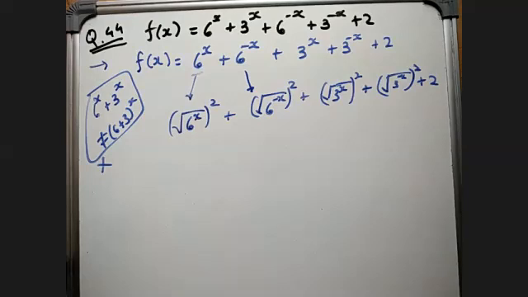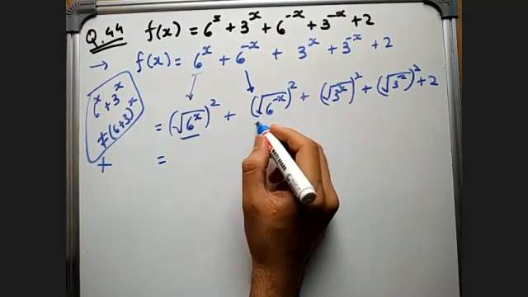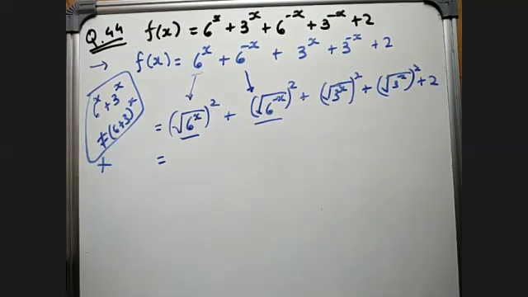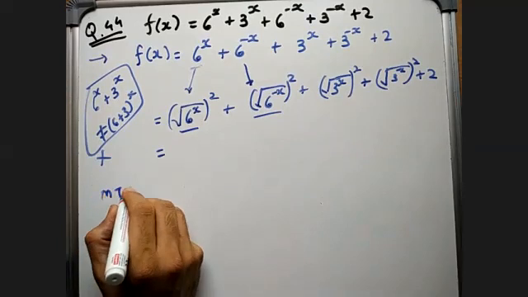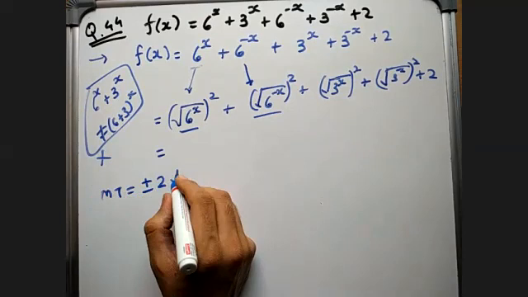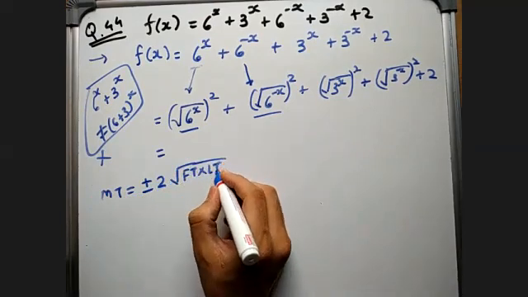Now here, this is my a square, this is my b square. If I want to find my middle term, then the formula of the middle term is plus or minus 2 square root of first term into square root of last term.